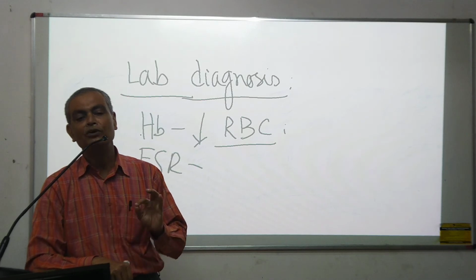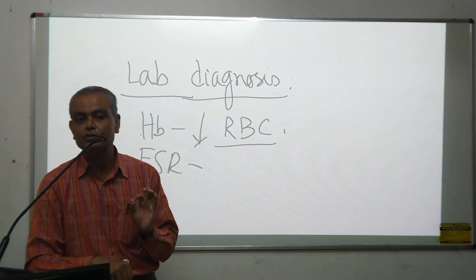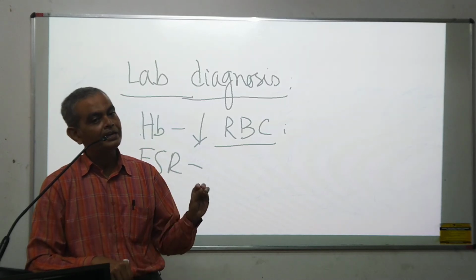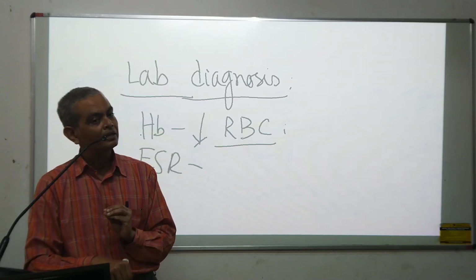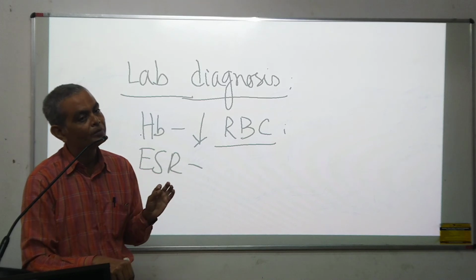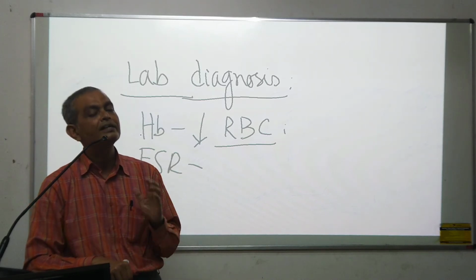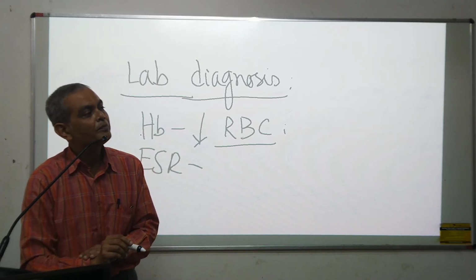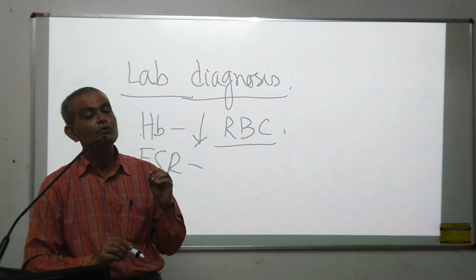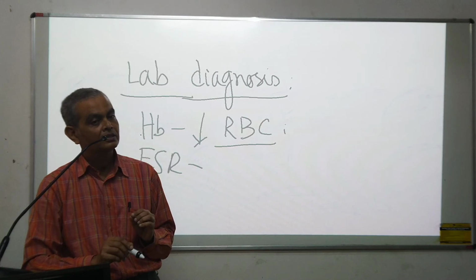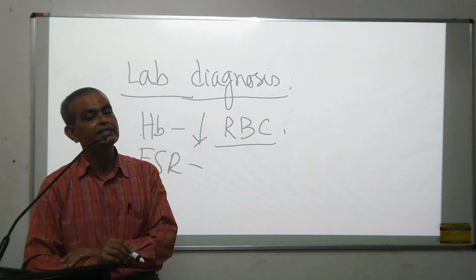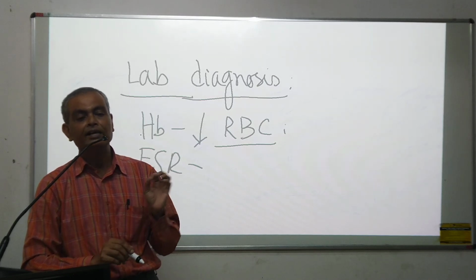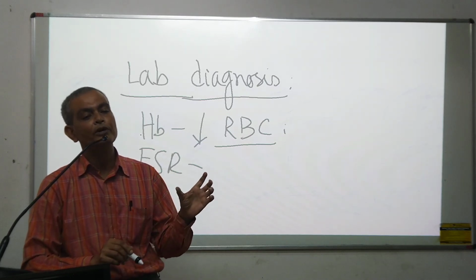So RBC morphology is not diagnostic of any hemolytic process. It can be normocytic normochromic, it can be microcytic hypochromic in case of thalassemia, or even it can be macrocytosis. Okay. The next will be anisocytosis. There will be severe anisocytosis. Size variation will be much more. Poikilocytosis, yes, there will be much more. There will be increased poikilocytosis.